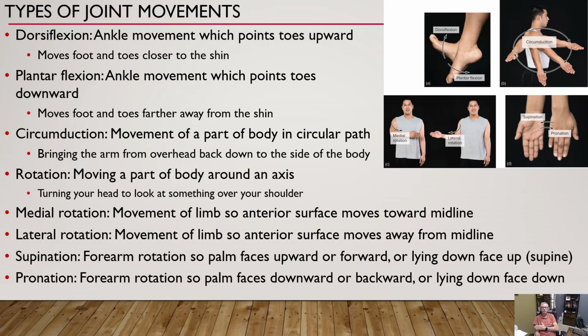Medial rotation versus lateral rotation. Medial rotation, lateral rotation. Medial, lateral, medial, lateral. Supination versus pronation. Remember, we have to go back to anatomical position. Remember anatomical position, standing upright, arms down to your side, palms facing forward. So this would be supine, where your palms are face up.